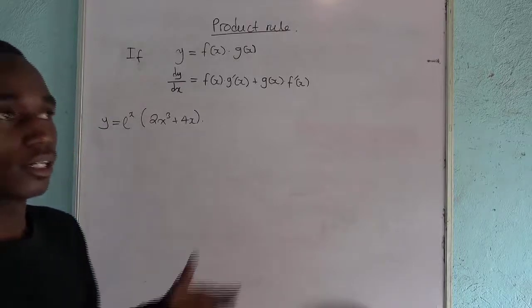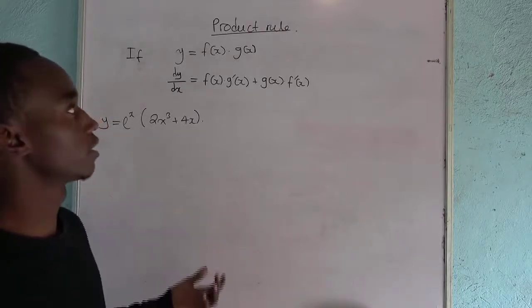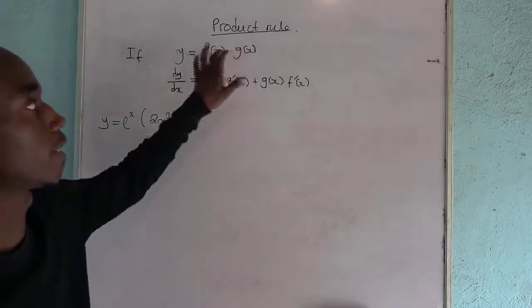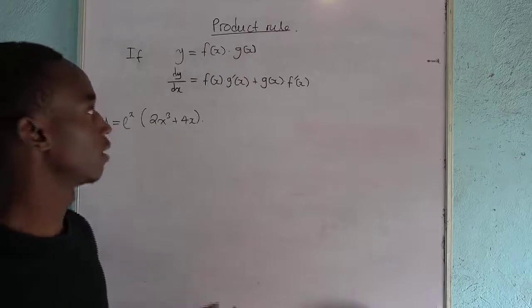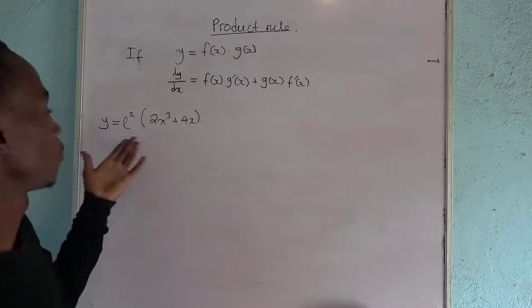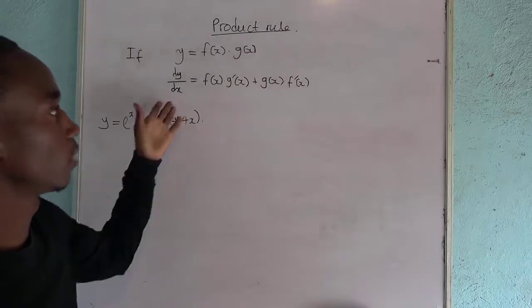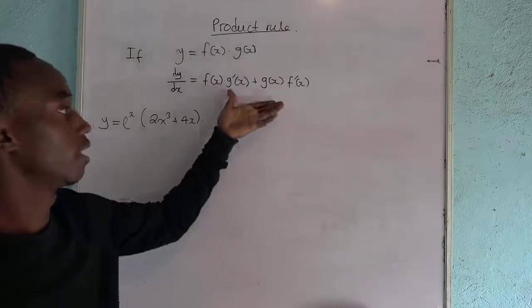As we have already discussed, for the product rule, we need a function where we have two other functions multiplying together. Those functions, based on what we are working with, could be functions of x. So finding dy dx is given by this formula here.